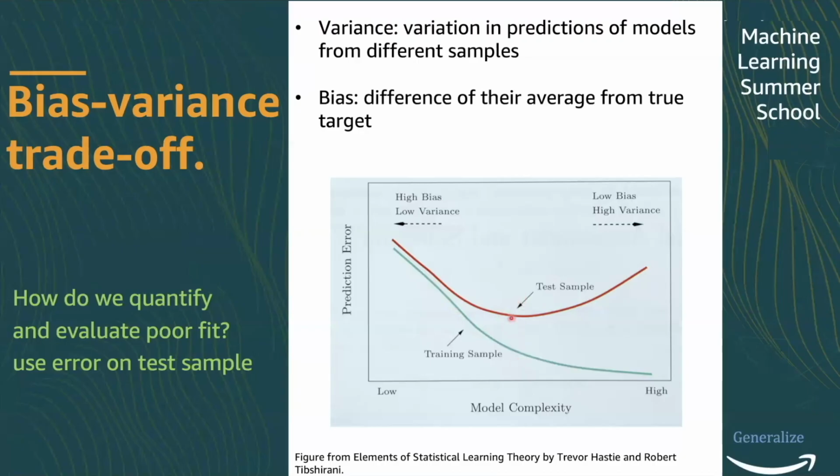So it is error on the test sample that serves as an indicator of how good the fit is. And that is the one that's going to help you generalize to unseen data. This is very important, and this point is going to recur in subsequent lectures as well.